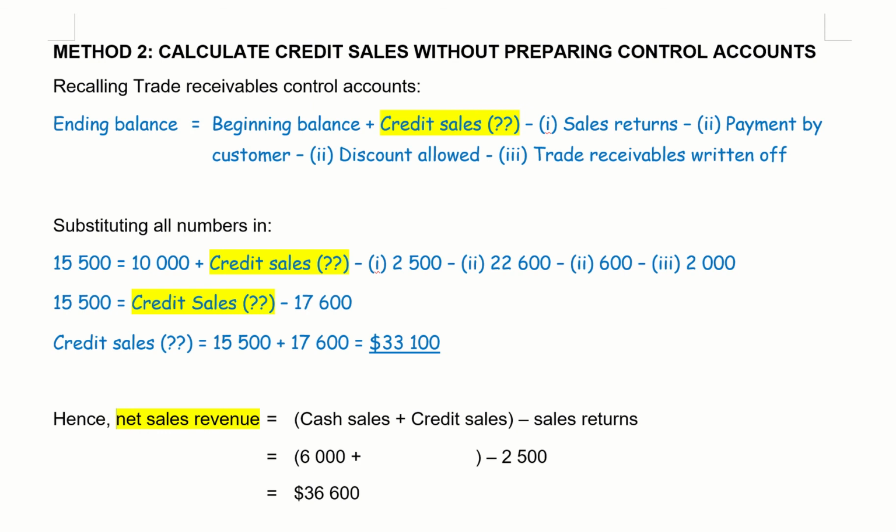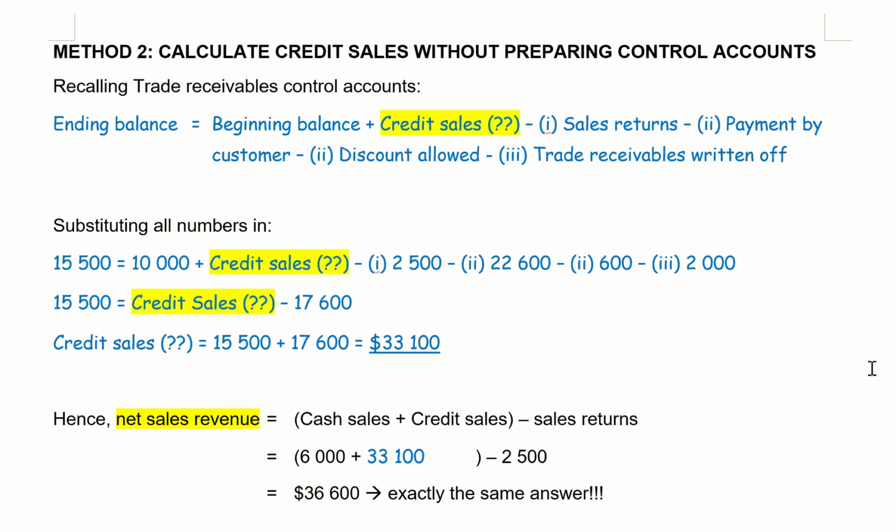So net sales revenue is cash sales plus credit sales minus sales return. Again, we substitute the credit sales in and you will get exactly the same answer. Alright, it's exactly the same answer as if you had prepared a control account.